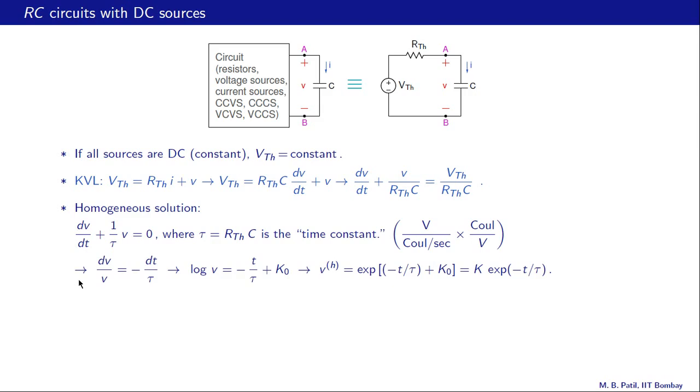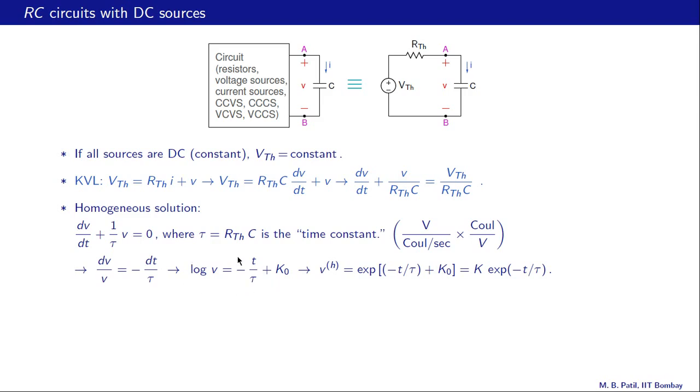Let us now get the homogeneous solution. We rewrite this equation as dV/V equal to minus dt/tau. Now we can integrate both sides. The integral of the left hand side gives us log of V, where the log is to the base e, and the integral of the right hand side gives us minus t/tau, plus an integration constant k0.